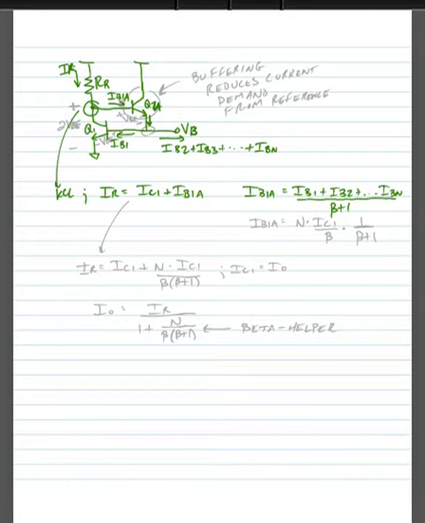So we're just going to take that emitter current by summing all of these base currents and divide it by beta plus 1 to convert it back to IB1A. Converting this into terms of collector current, we could say IB1A is equal to N times IC1 divided by beta times 1 divided by beta plus 1.